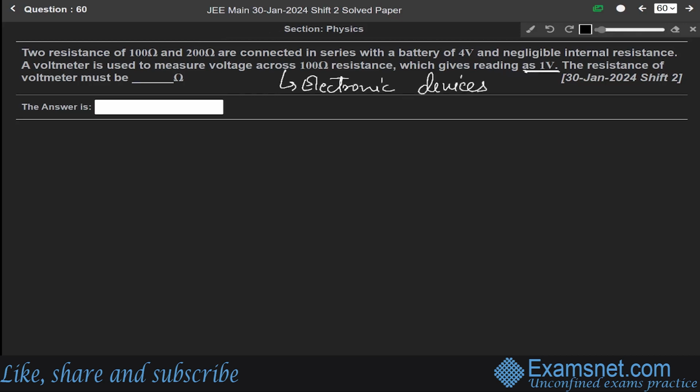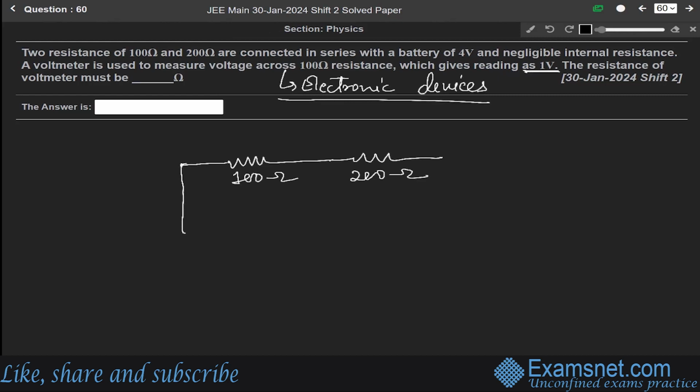Now let us draw the circuit diagram according to this. There are two resistances, this is 100 ohm and this is 200 ohm. They are connected in series with a battery of 4 volt. Now a voltmeter is used to measure voltage across the 100 ohm, which gives a reading of 1 volt.